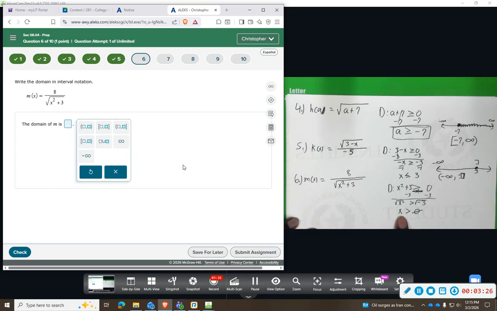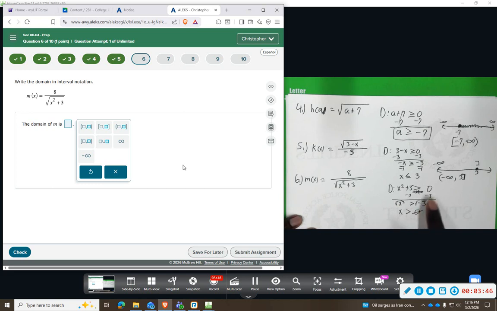You can also understand this, that no matter what number you plug in for x, in this case, it's going to be greater than a negative, because when you square any number, it's going to be positive. So no matter what number you use, it's going to be greater than -3. That is except for 0. So basically, the only number we can't use is 0.